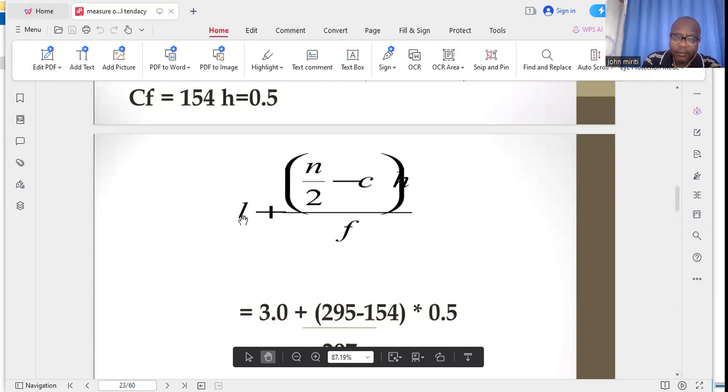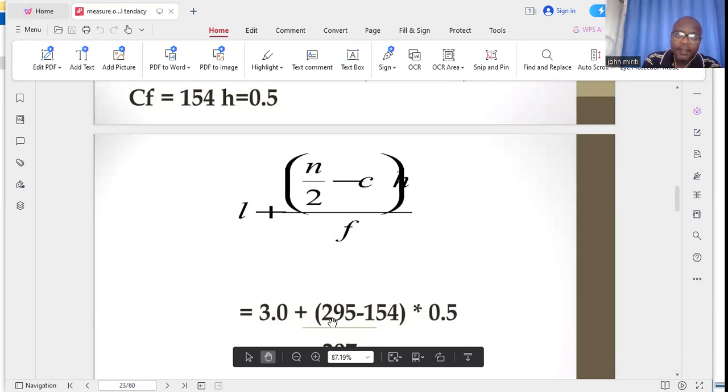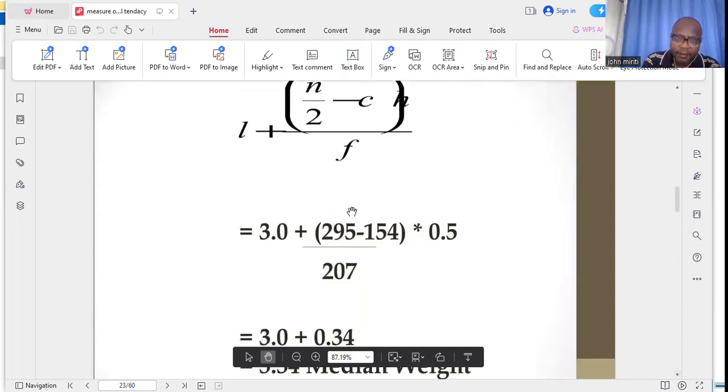This is the low limit of the class, the length of class, the cumulative, the frequency, the number. So here you see that the length is 0.5, the low limit. Then you get the frequency is 2.7, and then the total is 2.5.